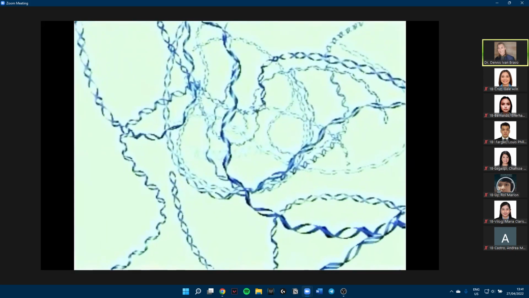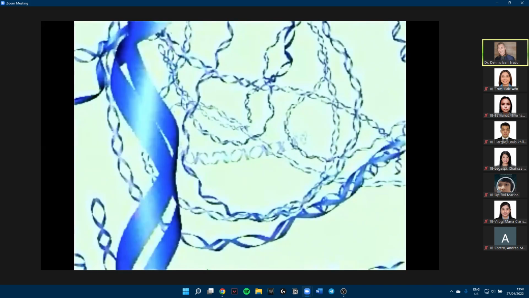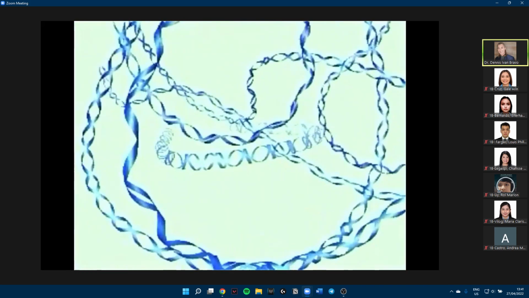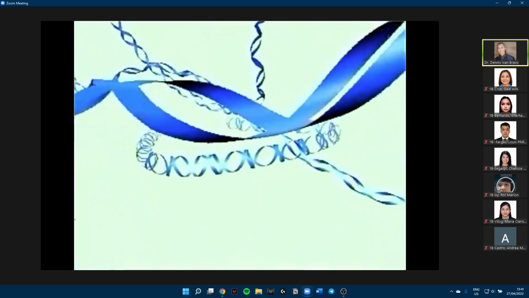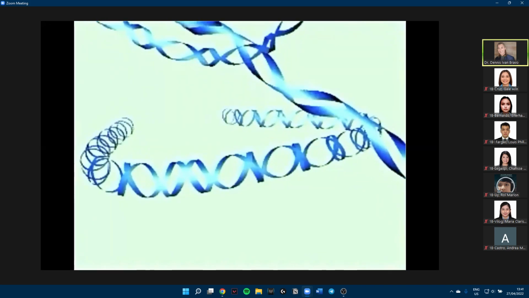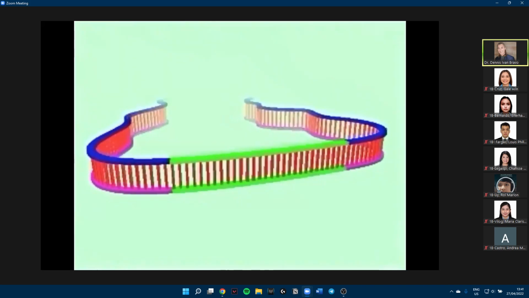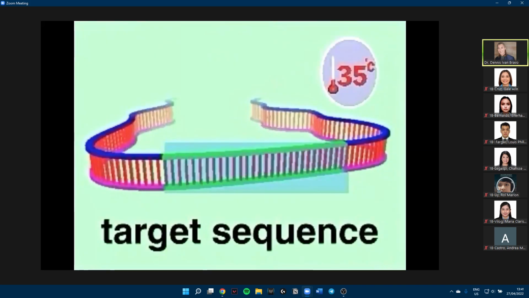We have there the genomic DNA, and we're zooming in on the target sequence we need to amplify. Highlighted in green is the DNA sequence we're going to amplify. So as always, the first step in the first cycle is denaturation to separate the two parental DNA strands.